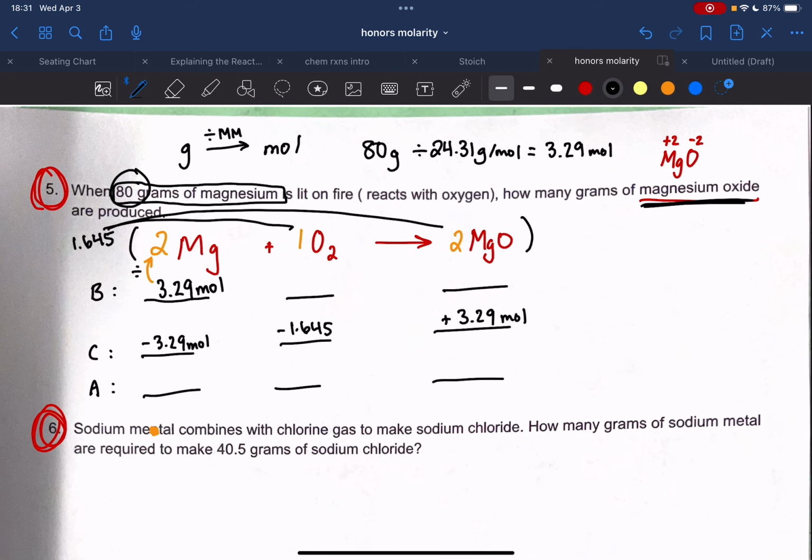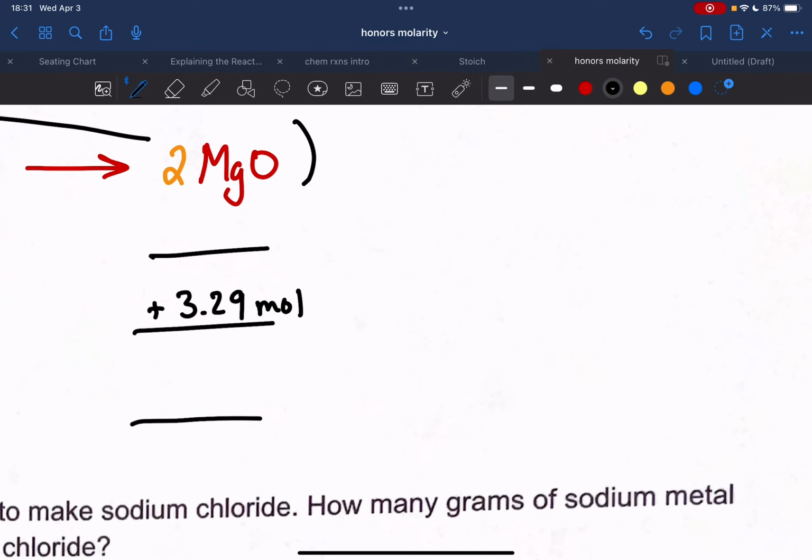And I'm almost done, but I noticed that in my question, it's asking me how many grams of magnesium oxide are produced rather than moles. So then I need to look at my periodic table to figure out how to convert moles to grams. And I can see that I have to multiply by the molar mass. So now I'll find the molar mass of magnesium oxide.